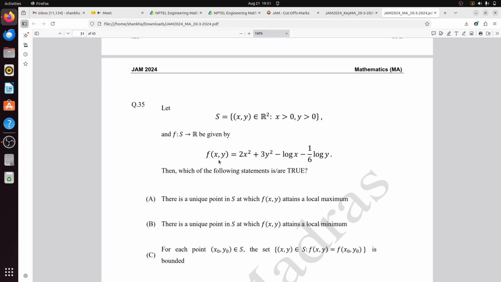For this problem, you need to take del f del x and del f del y, which gives 4x plus something minus 1 by x, and then you need to solve them. 4x square will be 1, so x equals plus minus 1 by 2, and y equals plus minus 1 by 6.